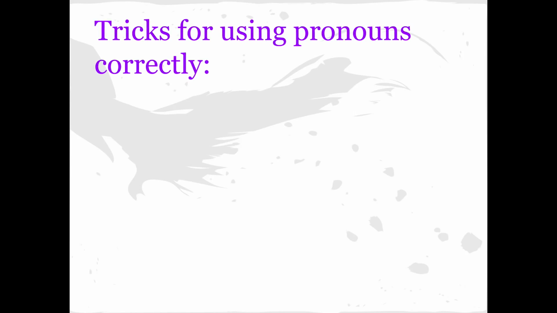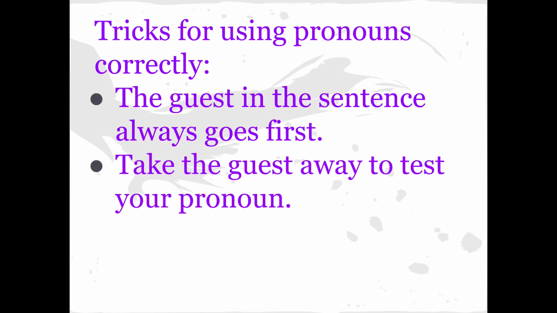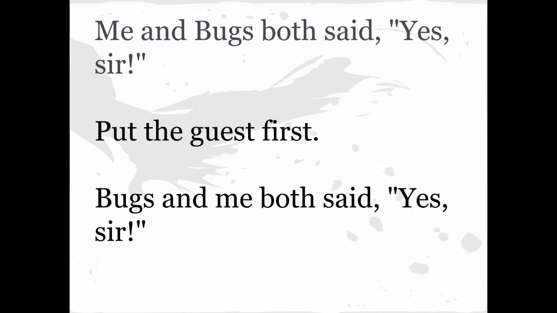So here are some tricks for using pronouns correctly. Remember, the guest in the sentence always goes first. Take the guest away to test your pronoun, and then put the guest back. "Me and Bugs both said, 'Yes, sir.'" We start by putting the guest first. "Bugs and me both said, 'Yes, sir.'"